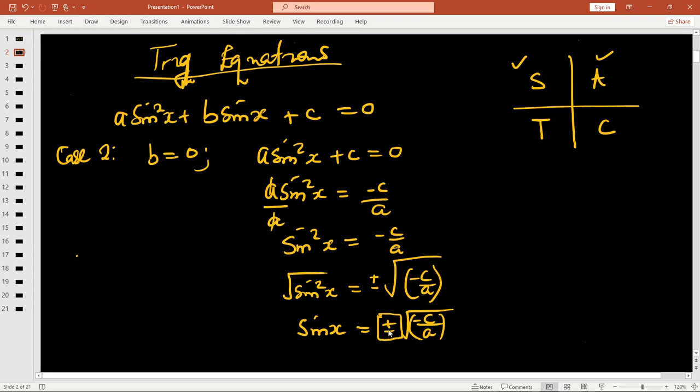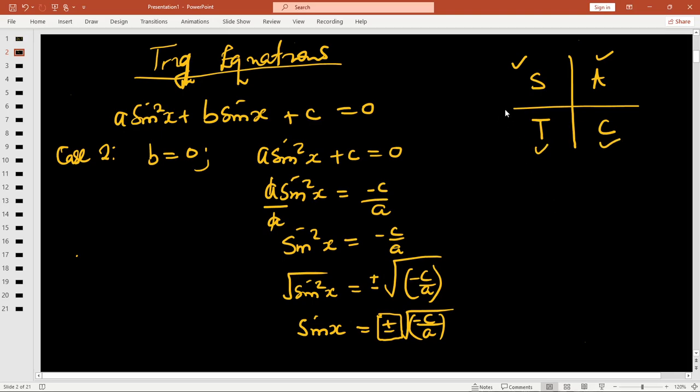Then there's also a negative symbol, so we are also going to have solutions from the quadrants where this function is negative, which are the third and fourth quadrants.